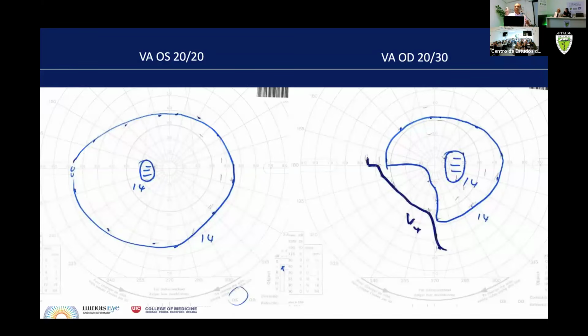You can refract that out, but that's what causes the enlarged blind spot. Not too worried about that part. These other findings are more worrisome. One, this nasal step, kind of like you would see in glaucoma, is a sign of severe retinal nerve fiber damage, and the peripheral constriction of the visual field is the second important sign. So blind spot enlargement, peripheral constriction, nasal step changes, those are some of the findings in the visual field with papilledema.